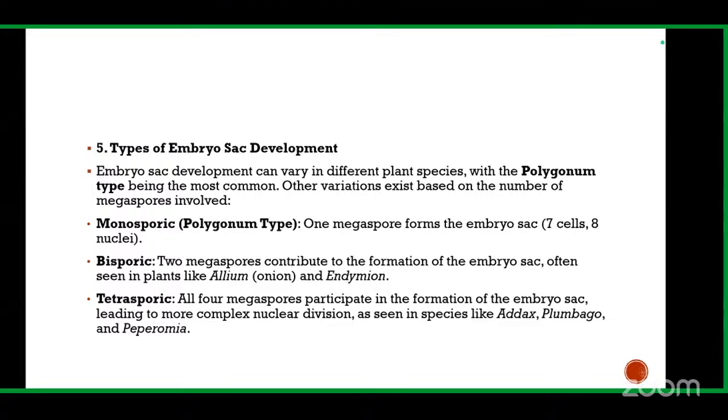And this is the tetrasporic. Here all four megaspores will participate, means nothing will degenerate, in the formation of the embryo sac, leading to more complex nuclear division as seen in adoxa, plumbago, and peperomia. So these are the types of embryo sac development: monosporic, bisporic, and tetrasporic. But monosporic is the most common, and polygonum type is the most common. 7 cells, 8 nuclei.